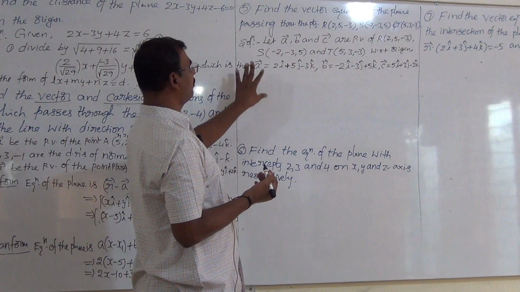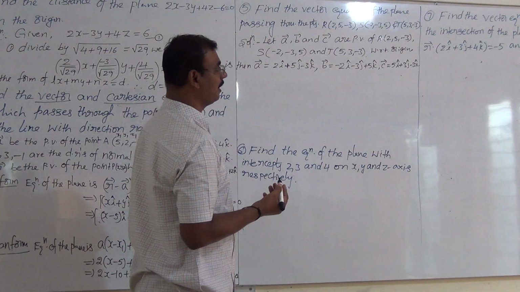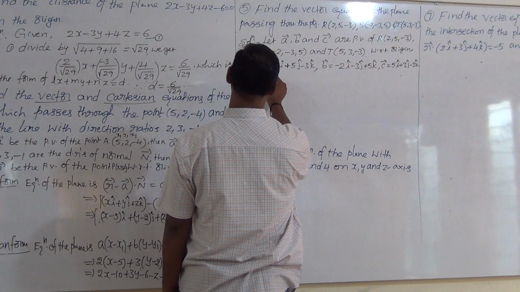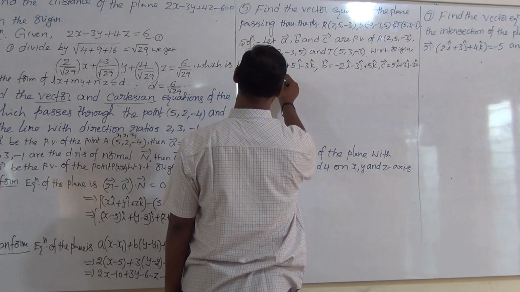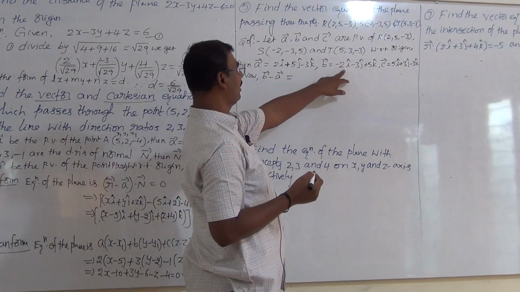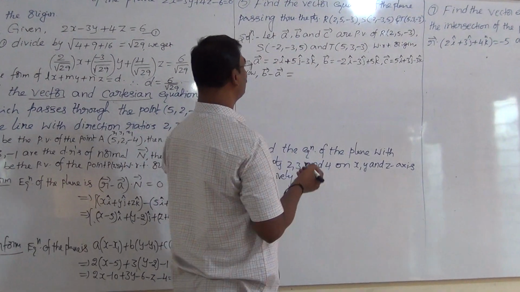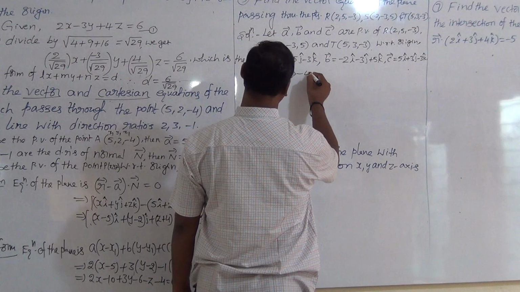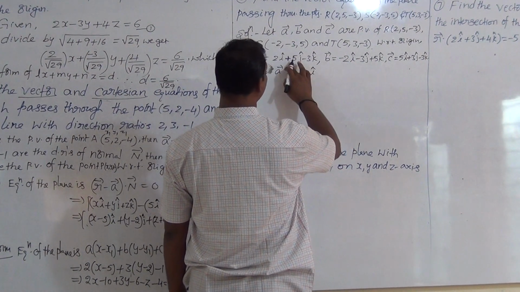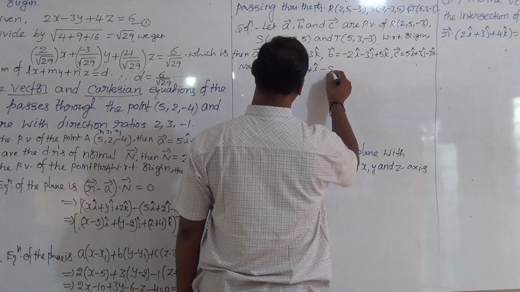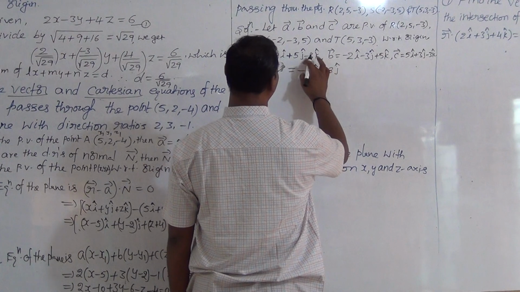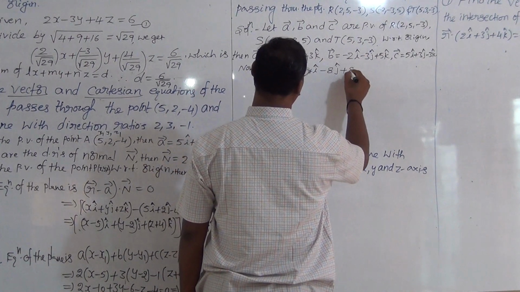Next, what is required here? b bar minus a bar is required. Now we have to find b bar minus a bar. Directly we have to calculate. Minus 2i minus 2i, so minus 4i. Minus 3j minus 5j, minus 8j. Plus 5k plus 3k, plus 8k.